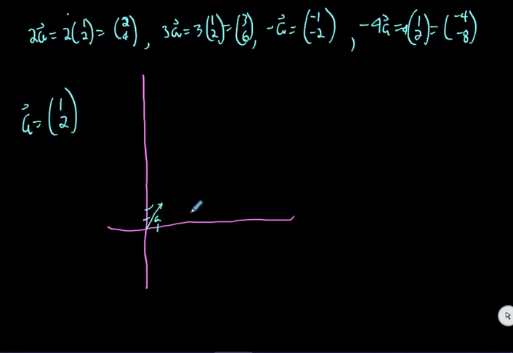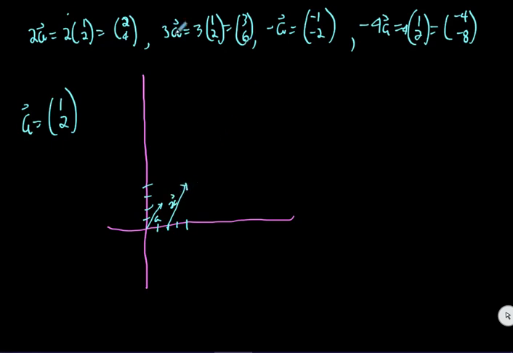Good. And then if I wanted to do 3a, first one is 2a. That should be 2, 4. I'll start right here so you can see what it is. A vector can be moved around anywhere you want, but just so you can see them, I don't want to do it right on top of it. I'd go over 1, 2, then go up 4. So you can see that vector right there. That's 2a.